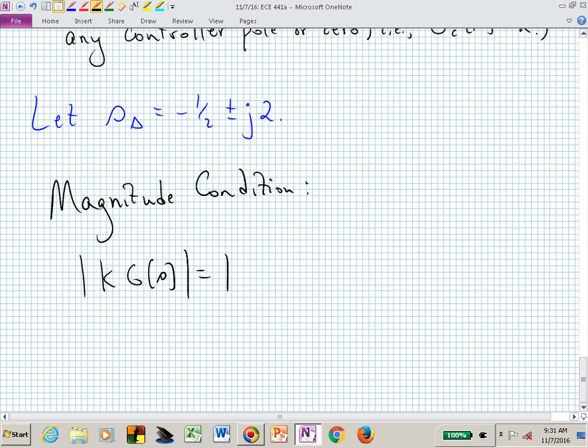We solve that for KG of s, and we have the magnitude and angle. Here, we have now K over s plus 1. That's the KG of s equal to 1.